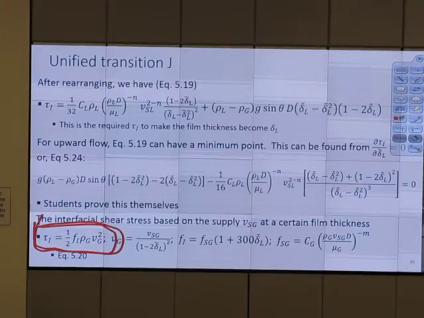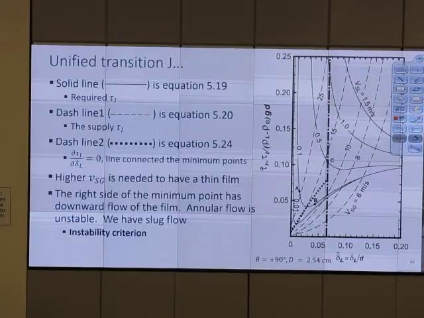So if we have gas velocity, the supply line and the required line, when they cross each other at that point, that is the solution for shear stress for that particular VSL and VSG. Okay, you see this dashed line, VSG equal to 6.